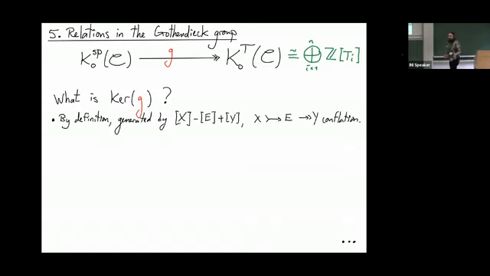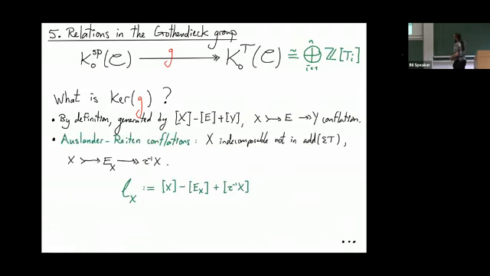Now, by definition, this kernel, this is just the definition of the Grothendieck group for the X-triangulated structure. Whenever I have a conflation, I have a relation. That's a lot. Can we do better? This is where we start looking at certain special conflations, the almost split conflations or Auslander-Reiten conflations.